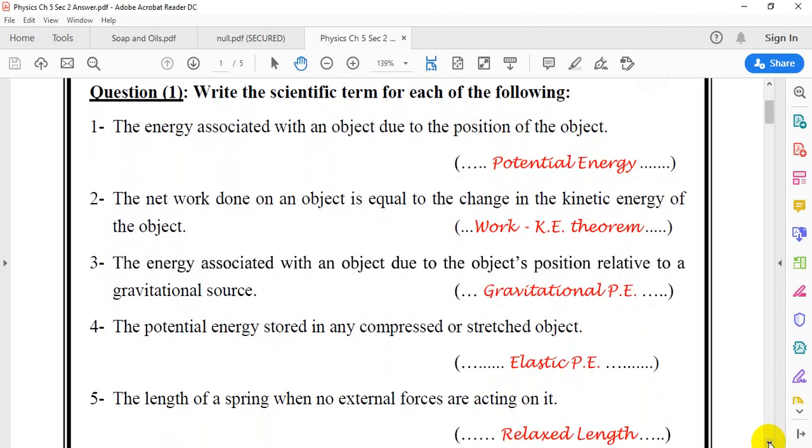The energy associated with an object due to the object's position relative to the gravitational source is gravitational potential energy. The potential energy stored in any stretched or compressed object is called elastic potential energy.